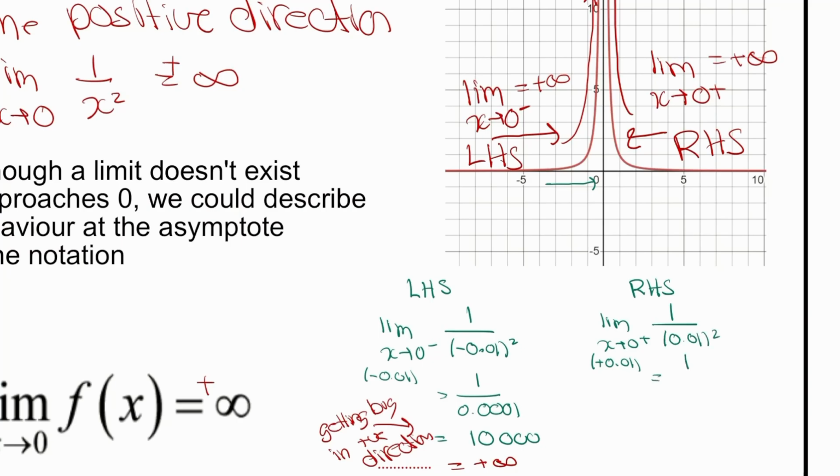Again, that gives me 1 over 0.0001, or 10,000. This side is also getting really big. In fact, it's also going to get so big in the positive direction that it is also going to approach positive infinity.